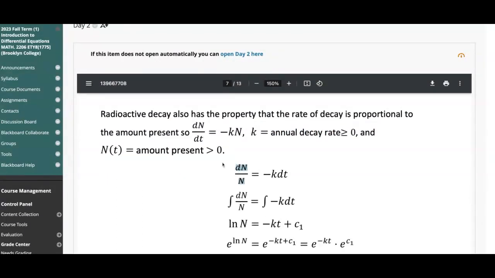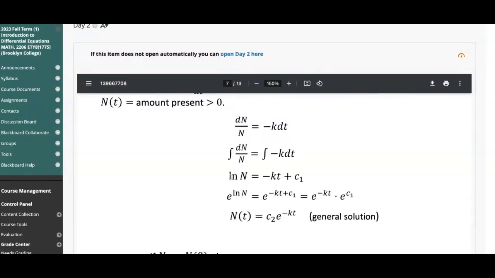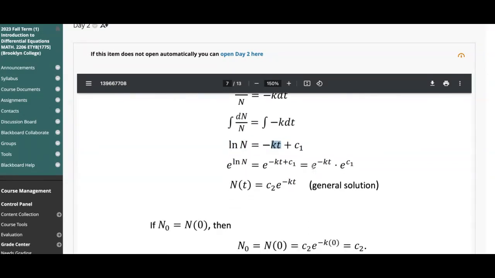We rewrite this as dN over N equals negative K dt. K is just some number. We integrate both sides and get ln N equals negative KT plus a constant.